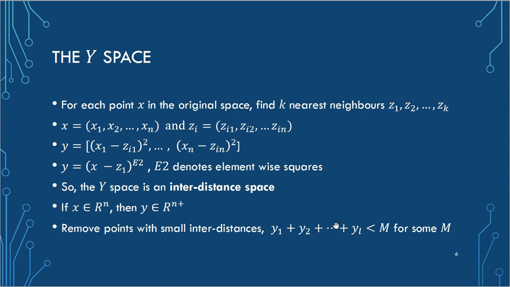Why do we remove them? We remove them because we want to find the directions of highest y. We don't want it to be clogged down by the points that are very close to each other. So that's the reason for removing all the y points with very small interdistances.